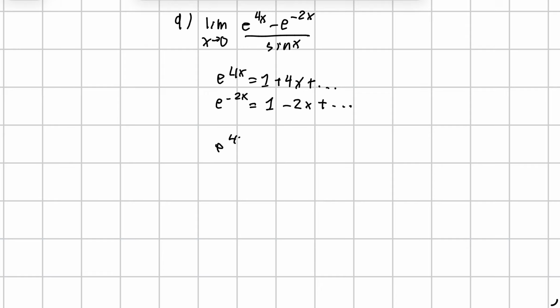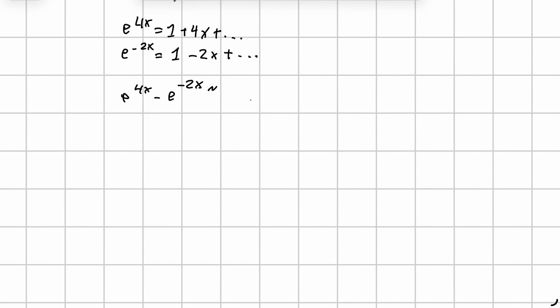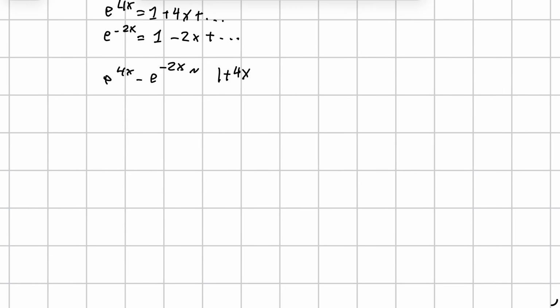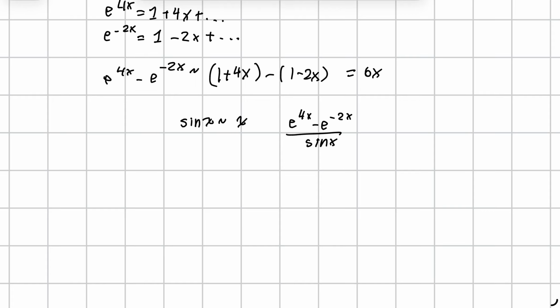So e^(4x) minus e^(-2x) is approximately 1 plus 4x minus 1 minus 2x, which is equal to 6x. And we know that sine x is similar to x. That means that (e^(4x) minus e^(-2x)) over sine x is approximately 6x over x, where that x cancels out and we just get 6.